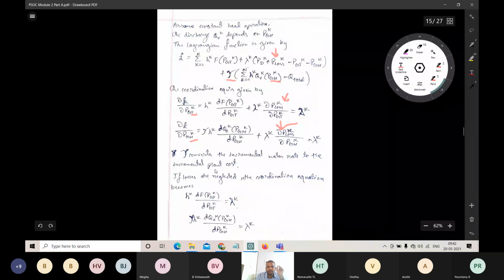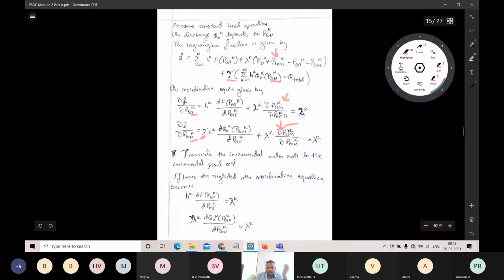By the water we are generating the power, so we can calculate the power by how much water is flowing out. If you know how much water is flowing out, you can easily calculate how much power is generated. That is the same thing gamma does. So that is the dependency of gamma here. Why is gamma required? Because gamma converts the incremental water rate to the incremental plant cost.